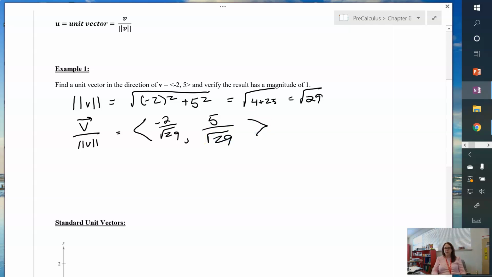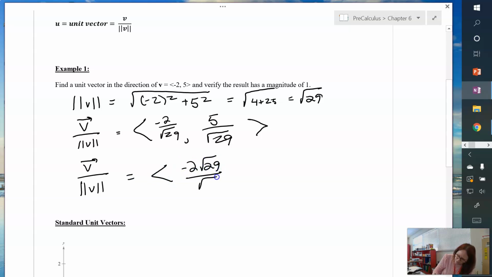So that's our vector as a unit vector. Now, I would prefer that you didn't leave the radicals down there. So go ahead and rationalize. And when you rationalize, you're going to get -2 root 29 over 29 and 5 root 29 over 29.